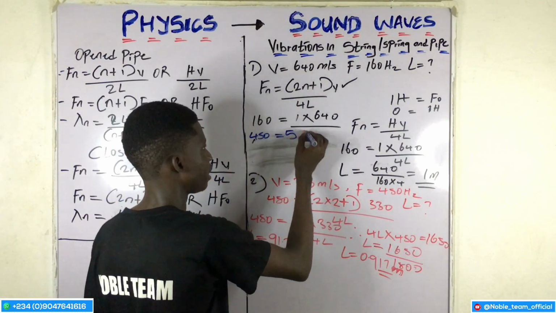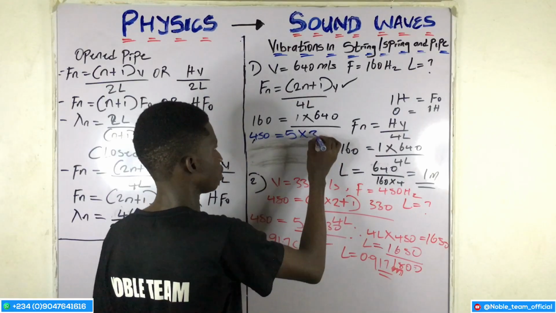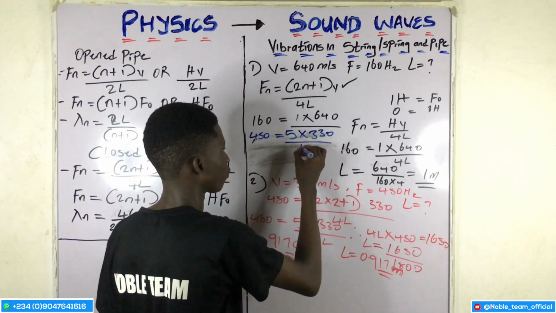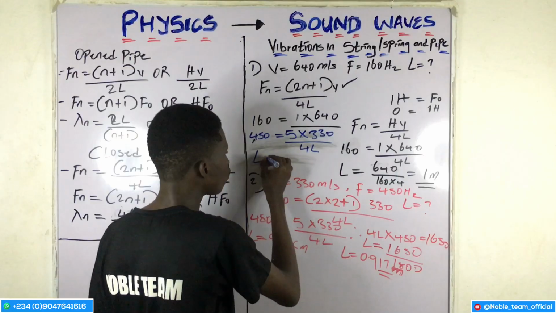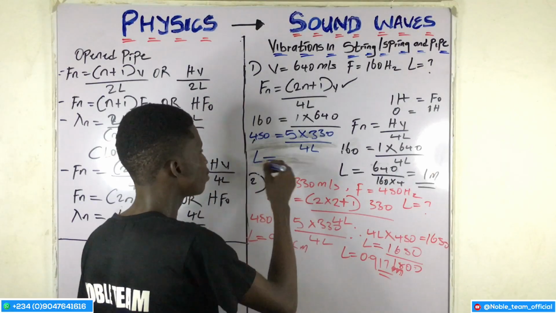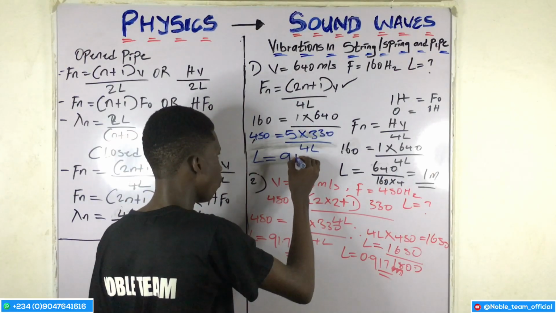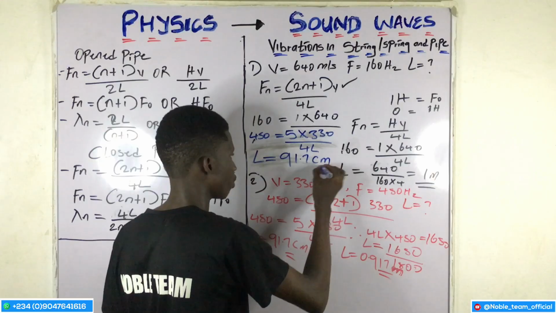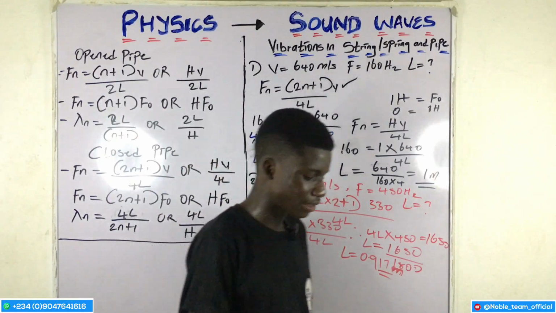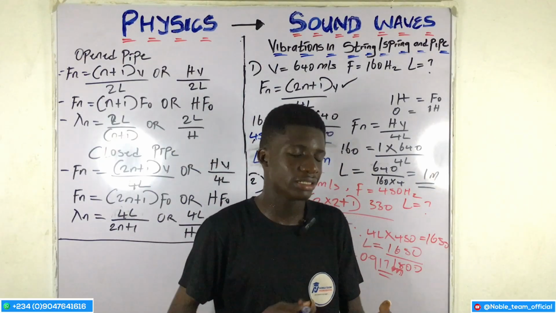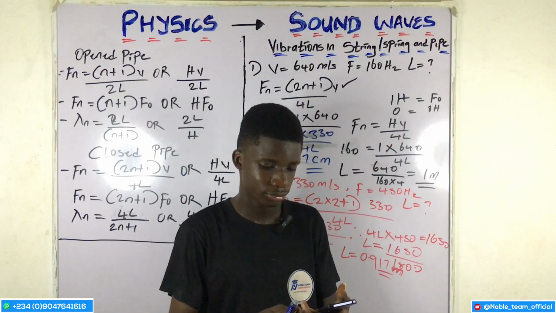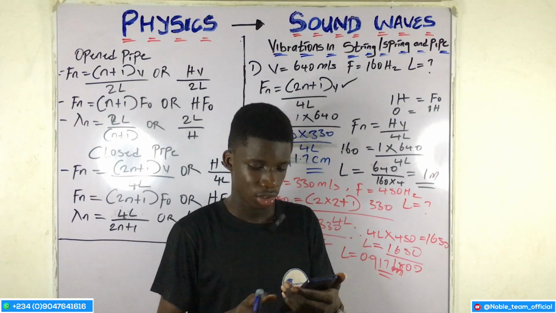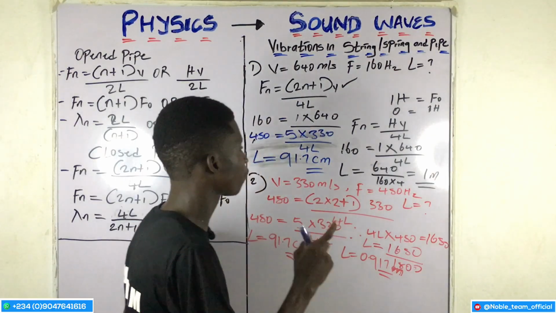So 5 times 330 divided by 4L. And when you substitute everything, you are going to get your length to be 91.7 centimeter. You can see that these two formulas are the same thing. And what option is correct? Option D is correct.